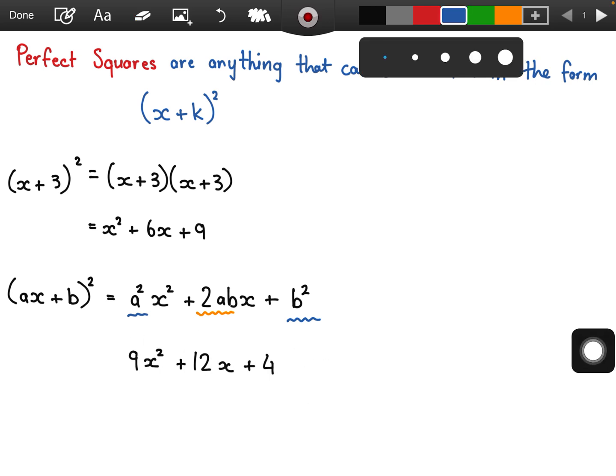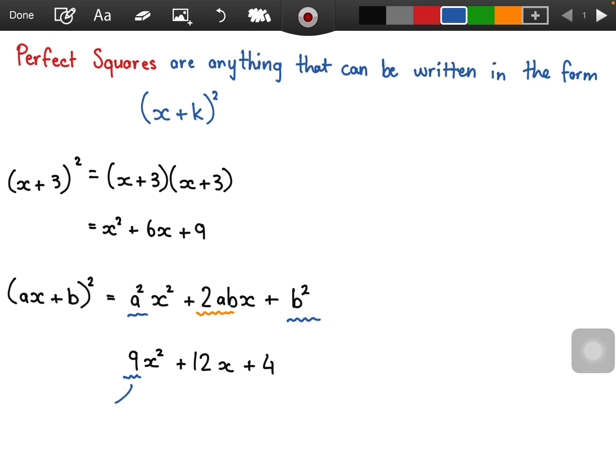Let's see, is this a perfect square? Is this something being squared? Yes. In this case, what's being squared is the number 3. If this is something being squared also, then b would be what's being squared here, the number 2.